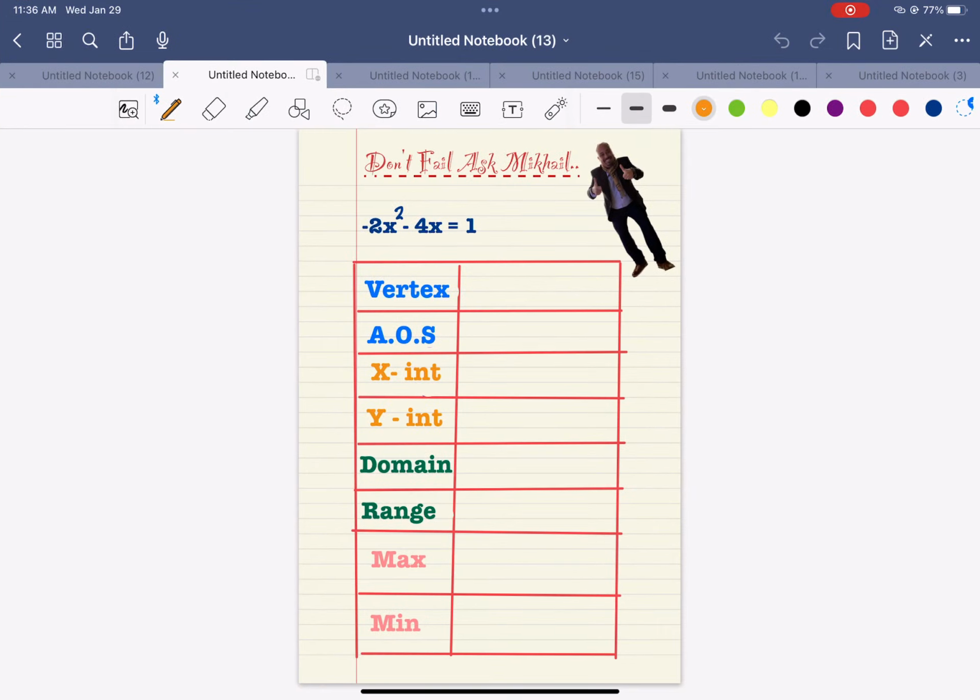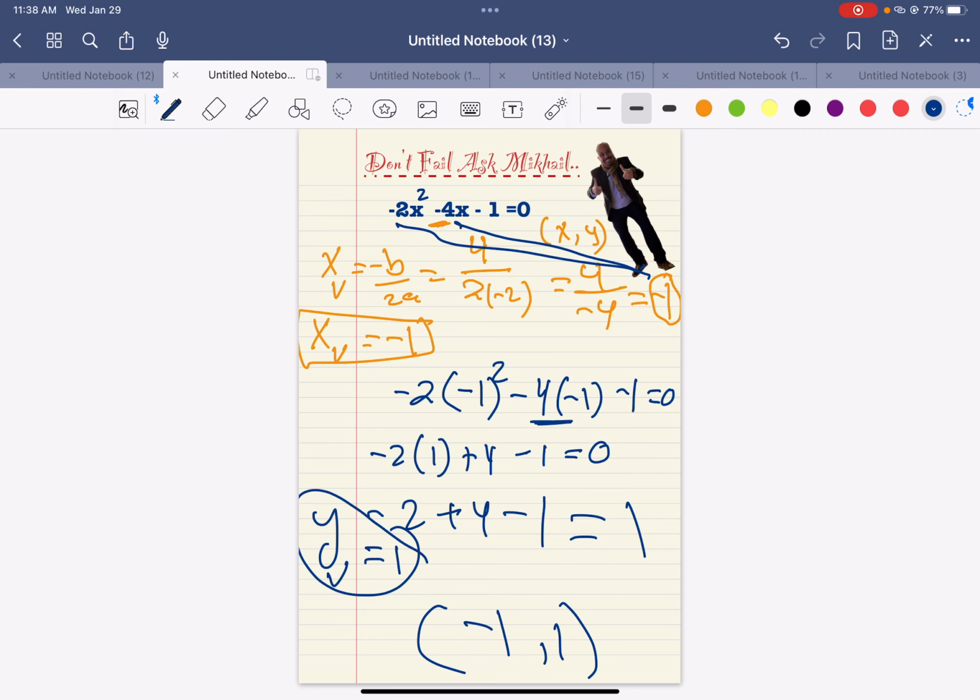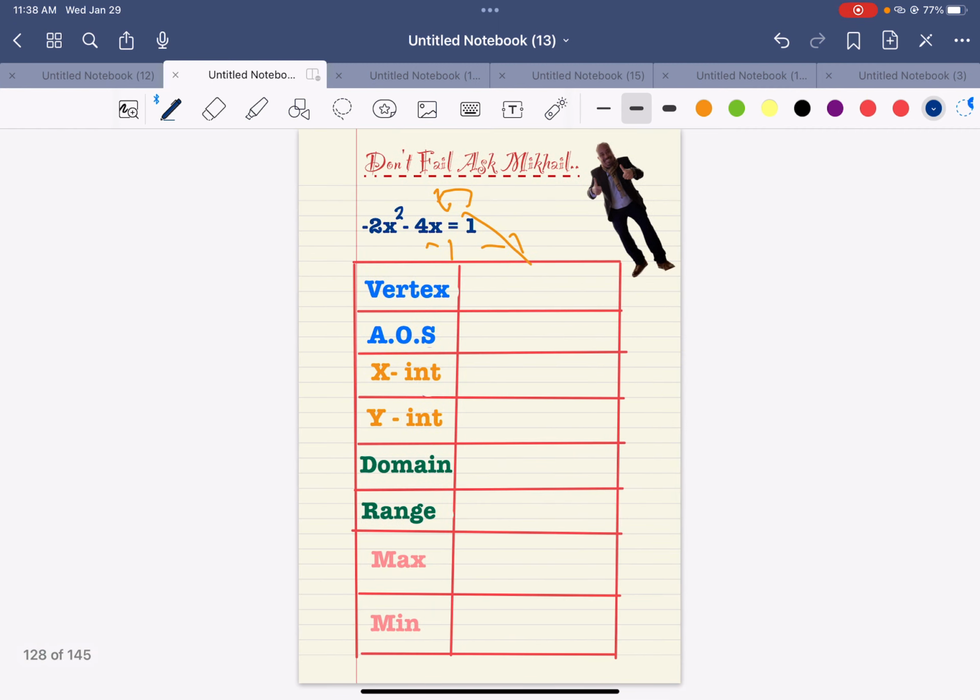That's negative 2 plus 4 minus 1, which gives you positive 1. So the y vertex equals 1. The vertex here: x is negative 1, y is 1.